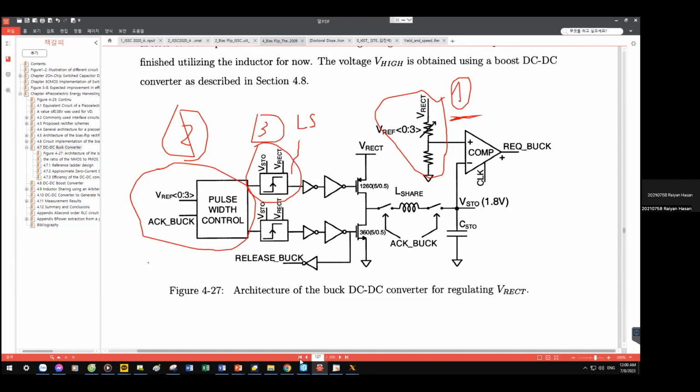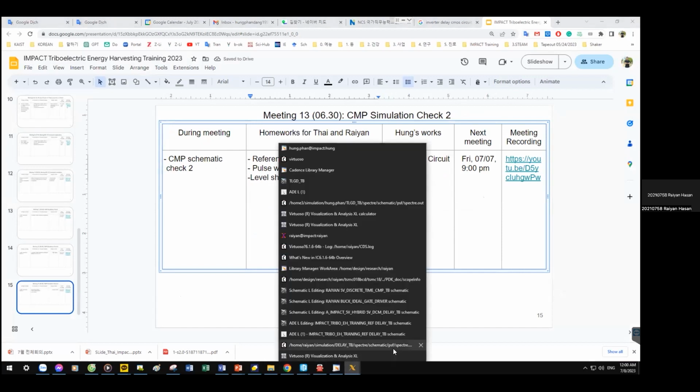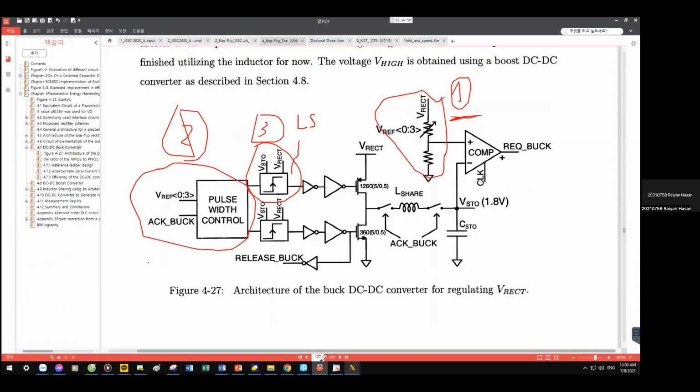This is the level shifter. Because in this circuit we use 1.8 volt, right? We store this block, which is controlled by, let me check.